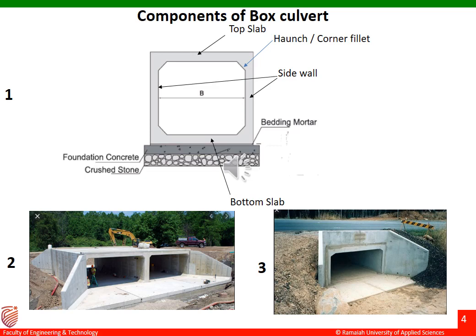So for that reason, provide a culvert for the required discharge condition, and then in order to match the road level at the bridge site, you have to do the soil filling over the top slab.